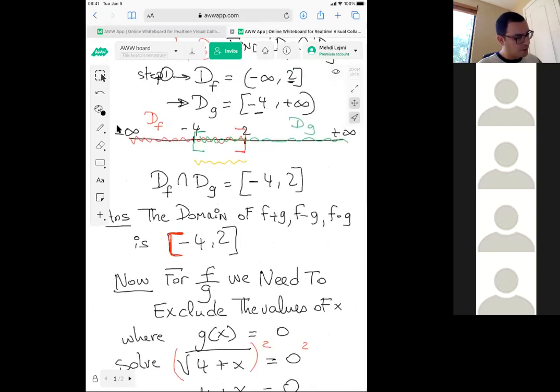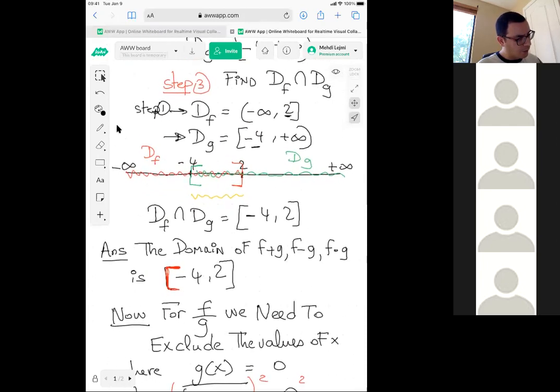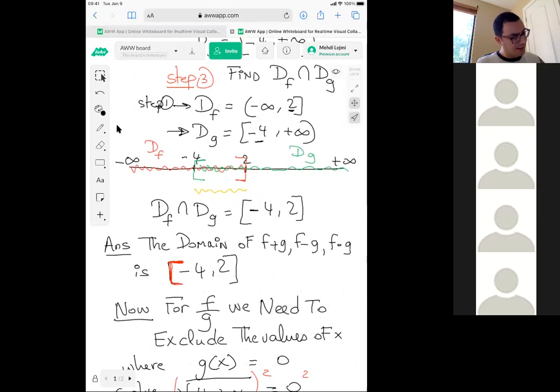Well, it's the two because, you see here on this number line, domain of f, we agreed that the domain of f is negative infinity to positive two, right? So here's your negative infinity, and here's your positive two. So the positive two is included, right? And then you have the domain of g, which is from -4 to positive infinity.